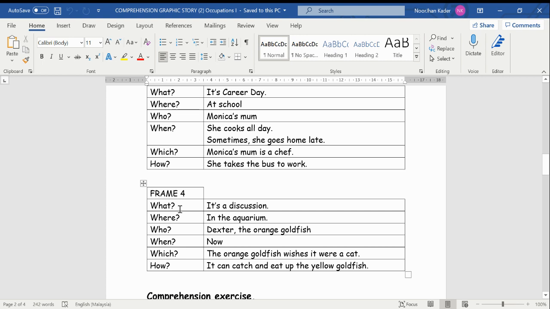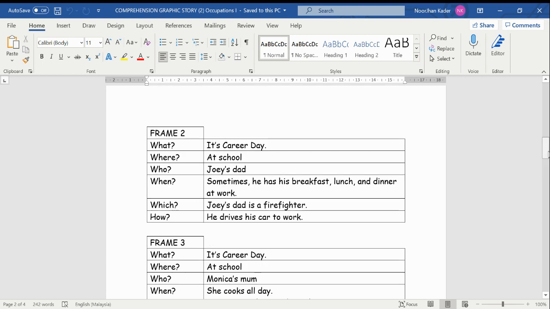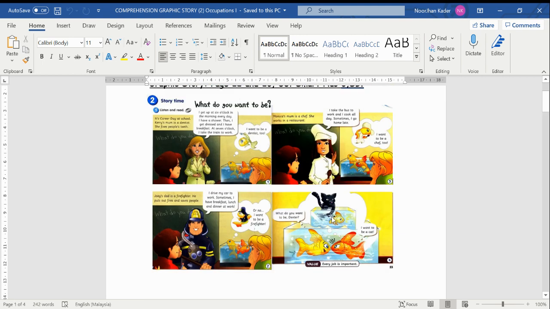Frame 4. What, where, who, when, which, and how. First, you have to understand that frame 4 is different from all these three frames, most importantly because it is the conclusion. It is the last part and it concludes the graphic story, and what you can learn from this story.